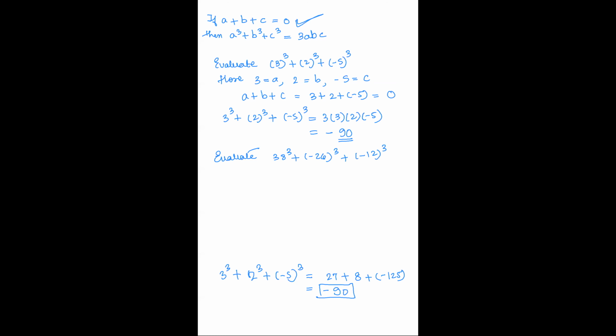So consider 38 as a. So here a is equal to 38, b equals minus 26, and c is equal to minus 12. Add and see whether the sum is 0 or not. 38 plus minus 26 plus minus 12.